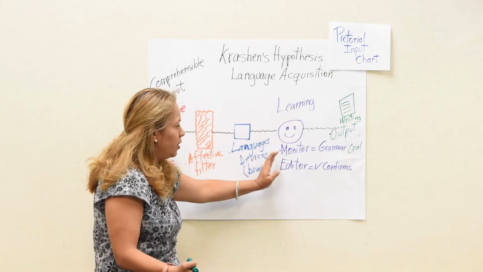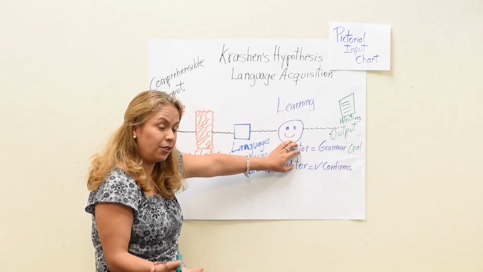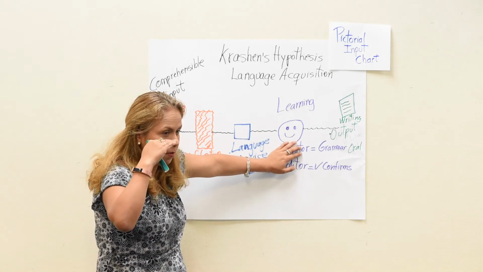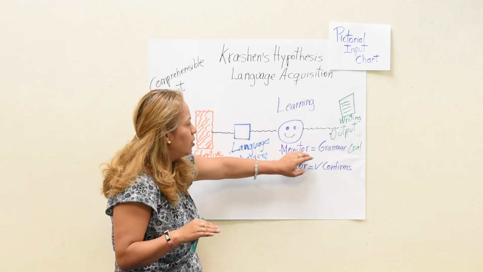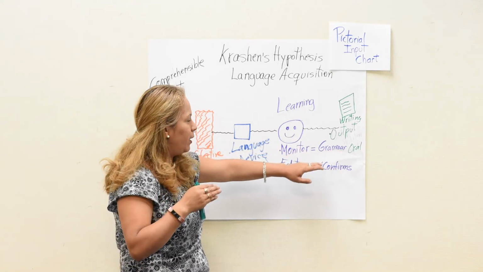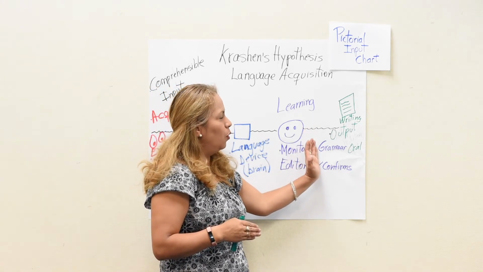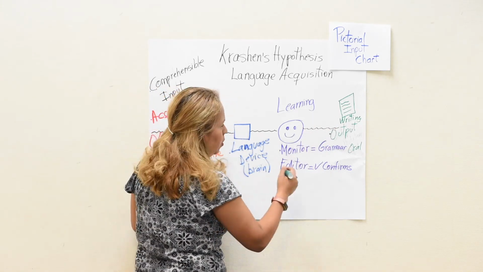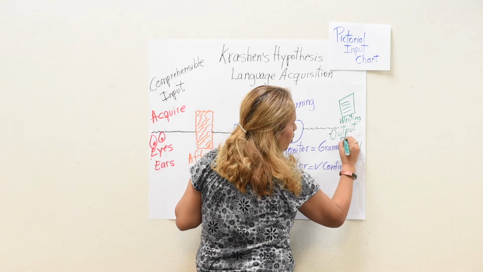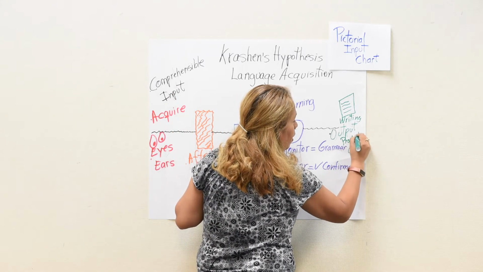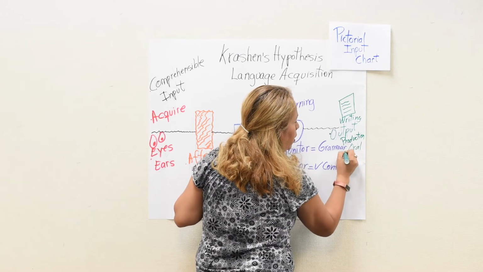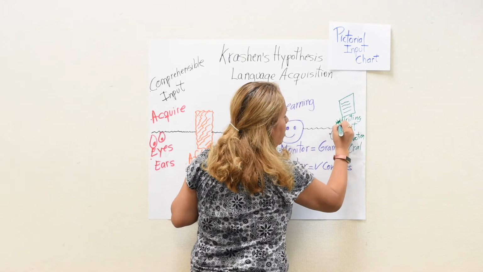Then the learning is going to start to happen because your monitor is going to be working and being activated according to Krashen, where grammar is being checked, and the editor is going to confirm. Once it has happened, your output, or your oral production, which can be oral or in writing, can be perceived.